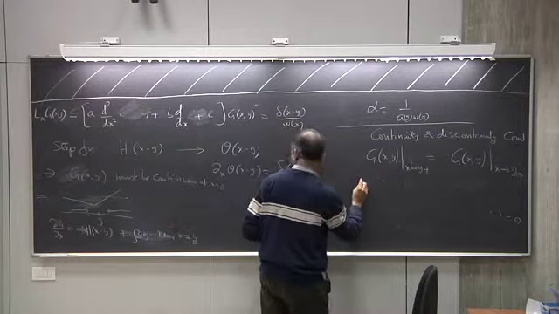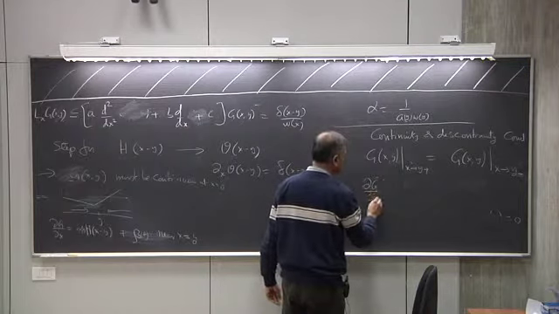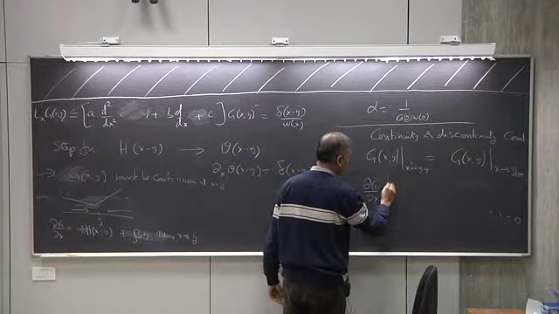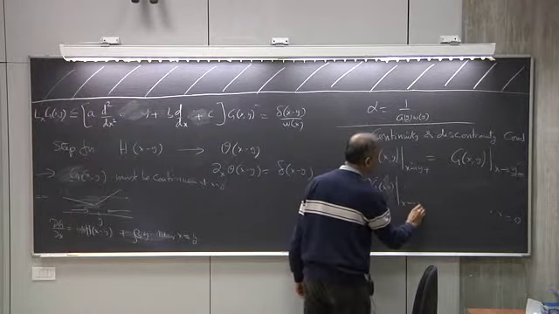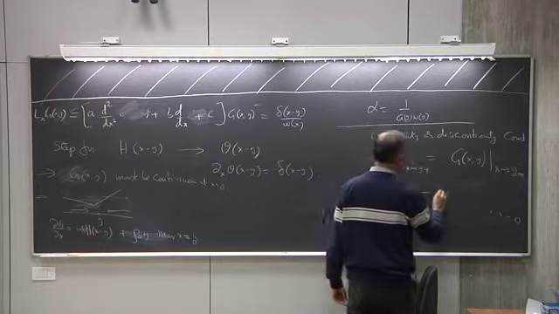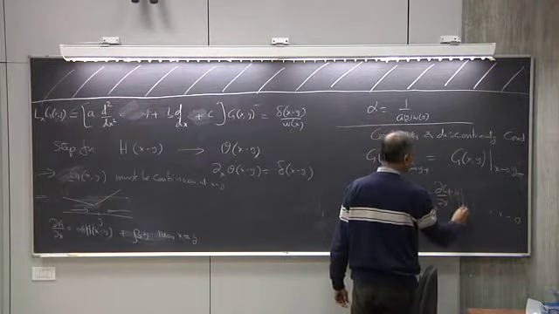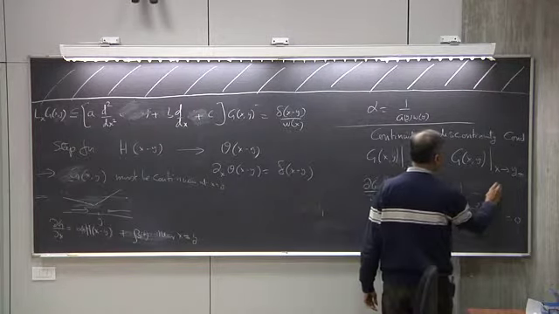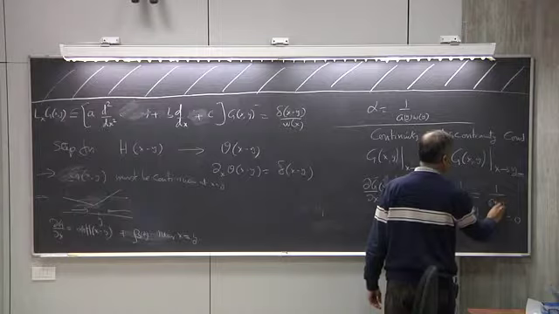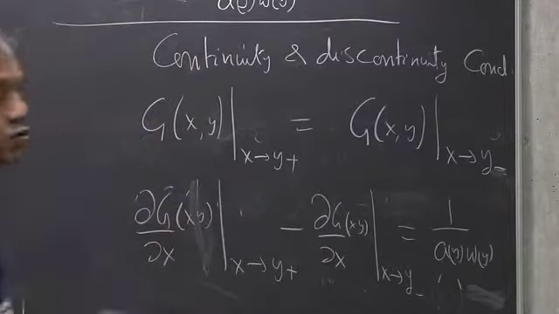And the second is the discontinuity condition. The first derivative dG/dx at x going to y from the right, minus dG/dx as x approaches from the left, must be equal to 1 over A(y) W(y). So these are the two basic conditions on the Green's function.